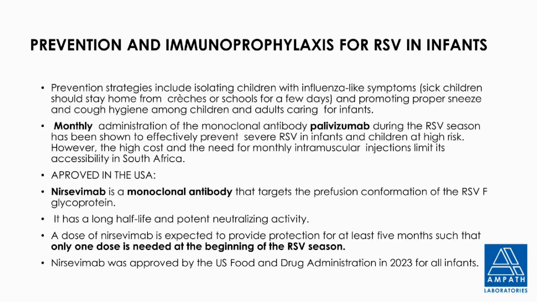But in the US, the more recent one that has been launched in 2023 is nirsevimab. And this too targets the pre-fusion conformation of your RSV F glycoprotein, so the fusion glycoprotein. The great thing about this one is that it has a long half-life and it has a very potent neutralizing effect on the virus.